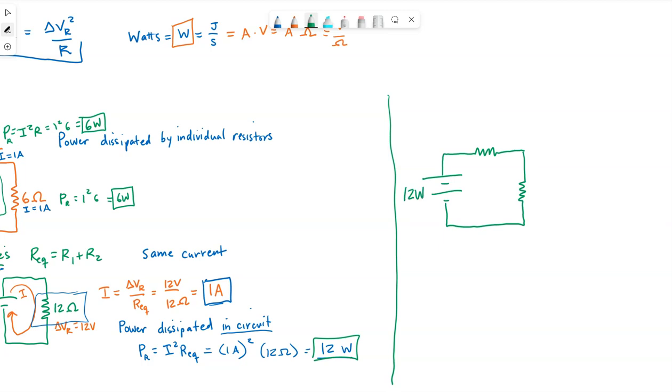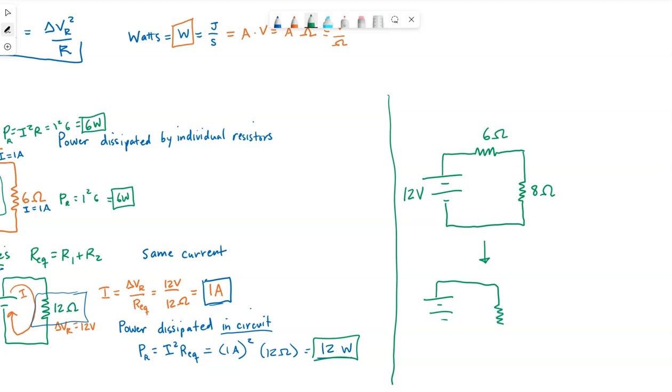Let's start with our 6 ohms, but let's do 8 ohms so that they are different. They're not different by much, but they are different. We can still treat this as an equivalent, 12 volts for our battery.